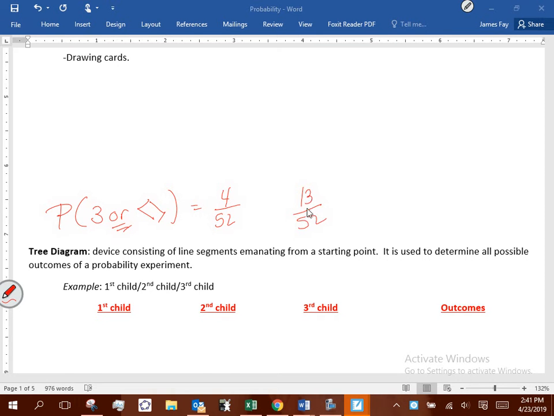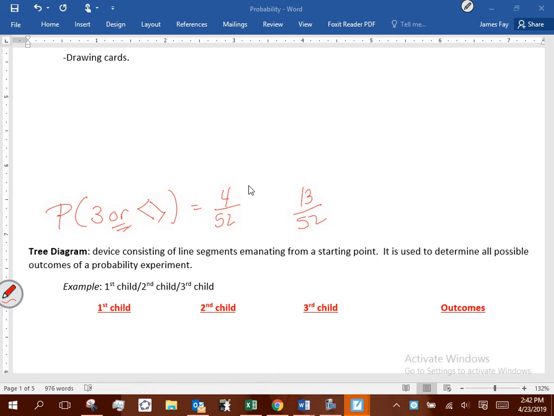Okay? So now here's the thing. Because of the word or, I would succeed in this probability if I had a 3 pulled out or a diamond pulled out, right? How many things then are there that are a 3 or a diamond?